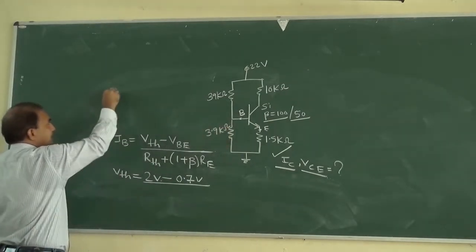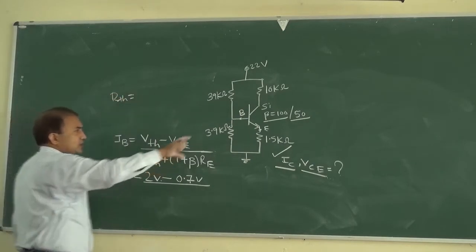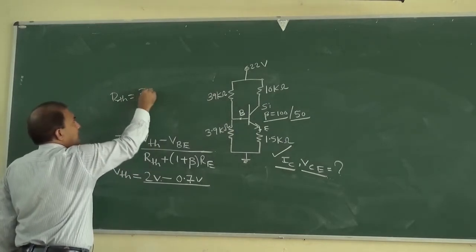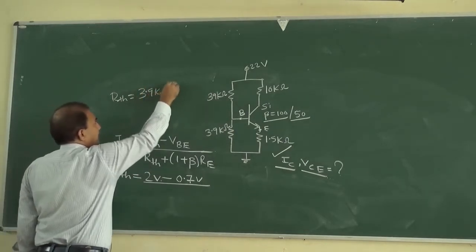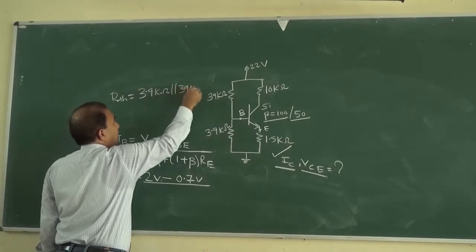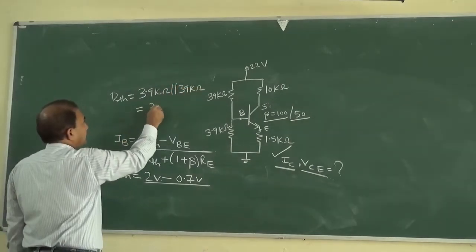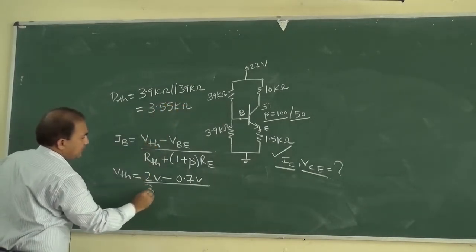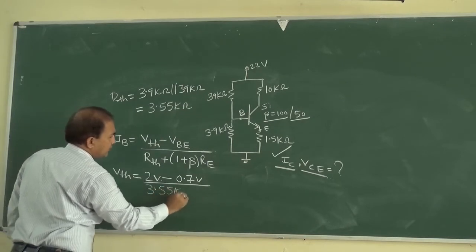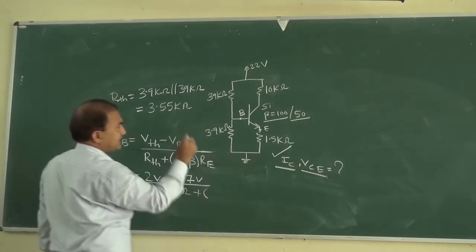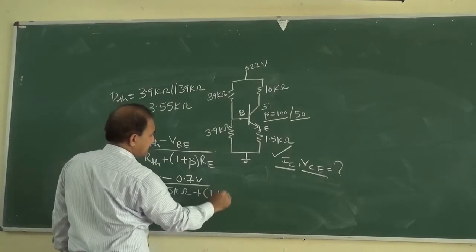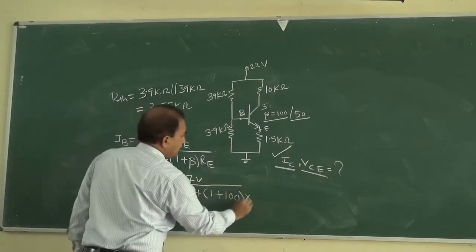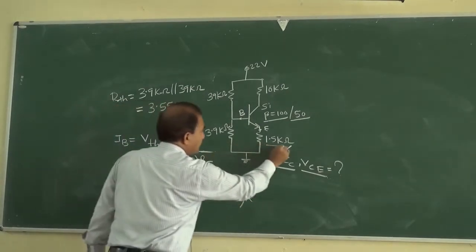So RTH is equal to this resistor in parallel with this resistor, that is 3.9 kilo ohm in parallel with 39 kilo ohm, which is 3.55 kilo ohm, plus (1 plus beta), which is 1 plus 100, into RE. RE is 1.5 kilo ohm.